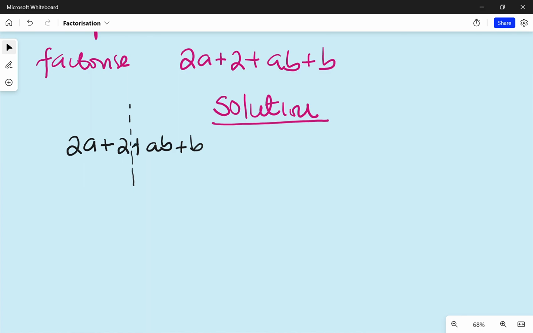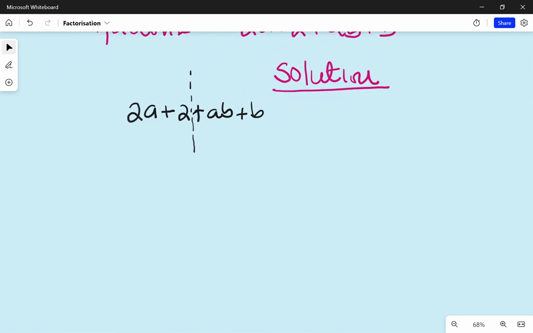I'll factorize this side and I'll also factorize that side. This side, what is common? 2 is common, and I'm left with a plus 1. Then this side, b is common, and I'm left with a plus 1.